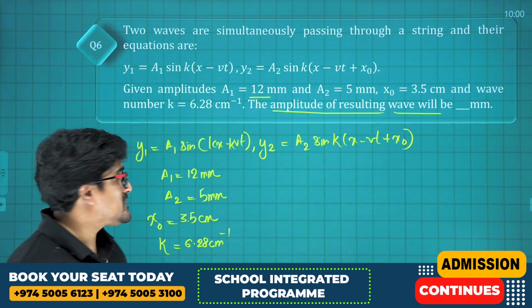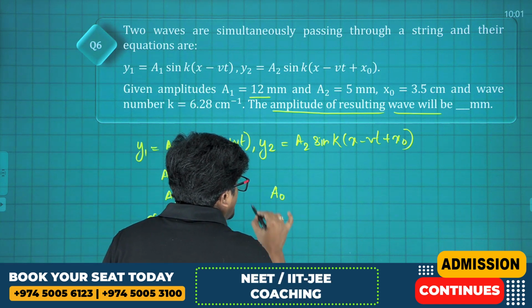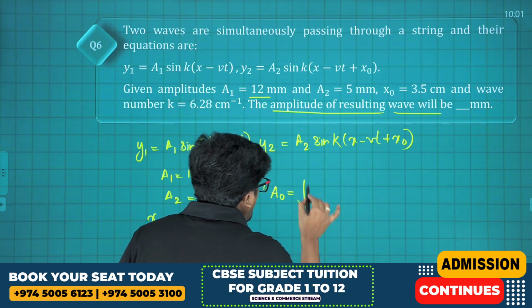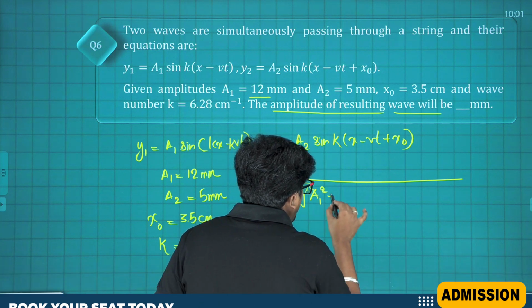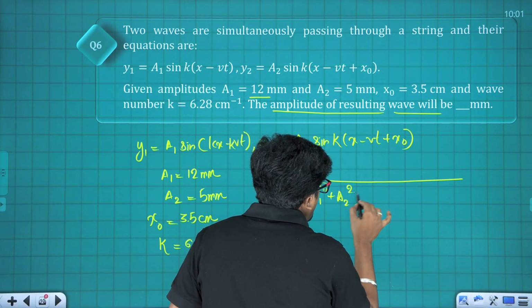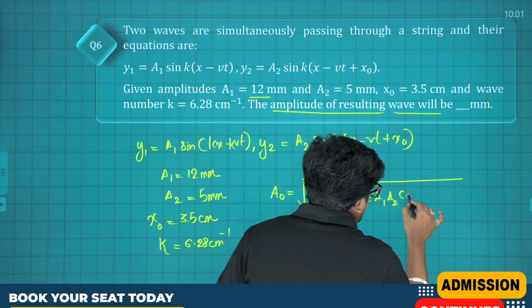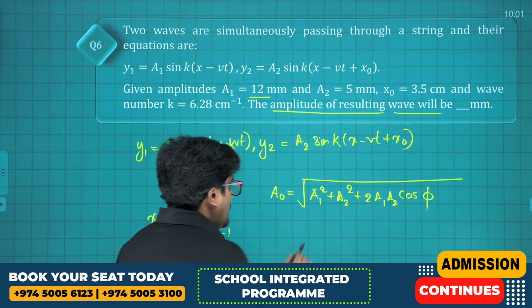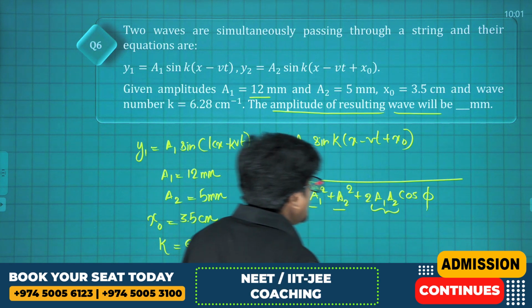The amplitude of resultant wave. If I want to write this as a naught, that means the amplitude, it should be root of a1 square plus a2 square plus 2 times a1 a2 into cos of phi. We are okay with the value of a1, we are okay with the value of a2, so of course this part is also done.